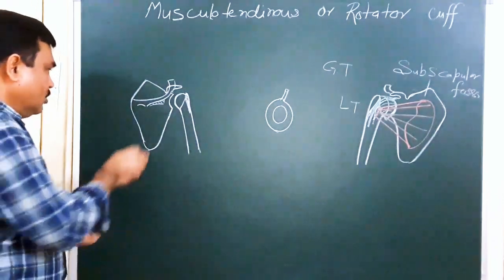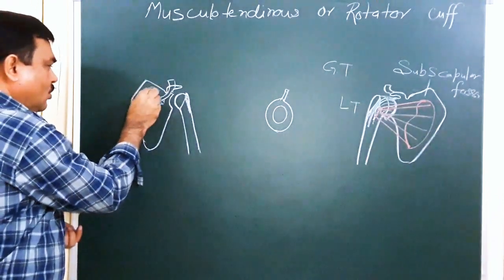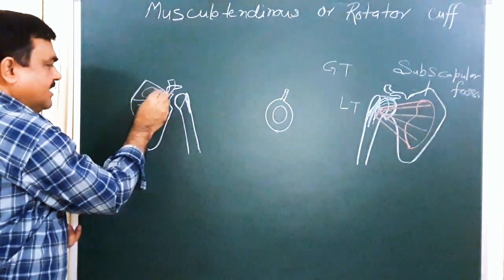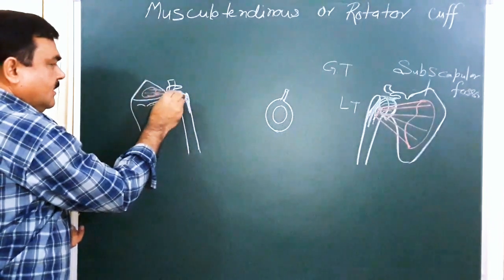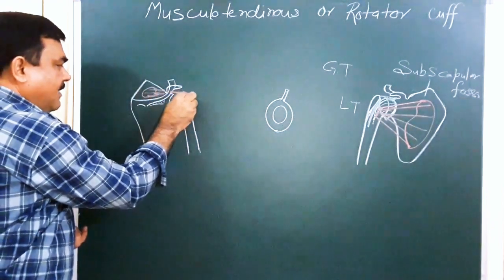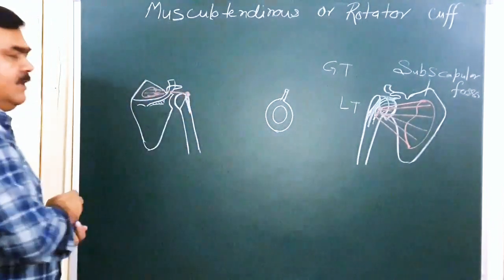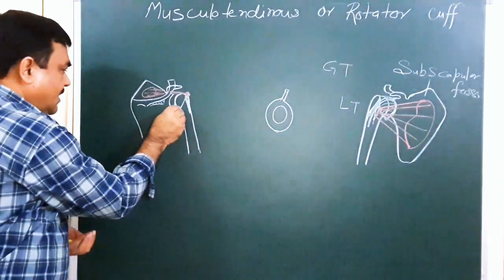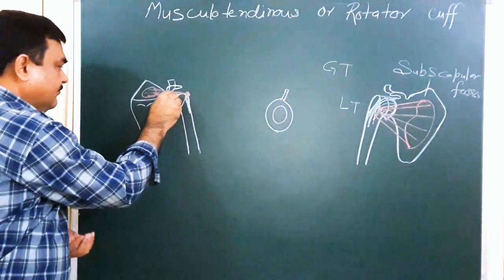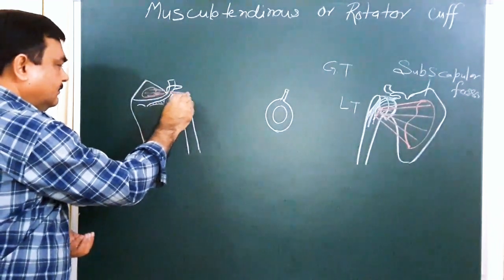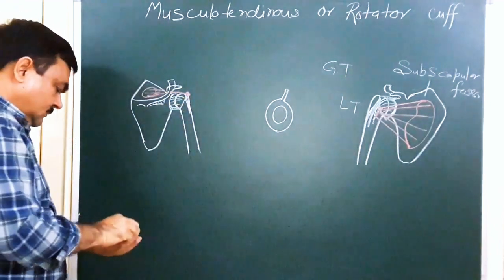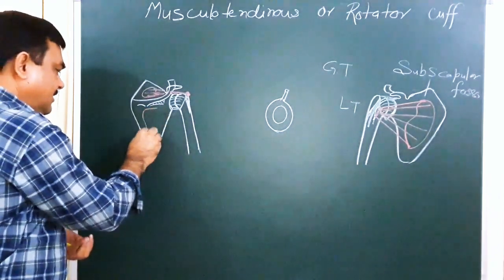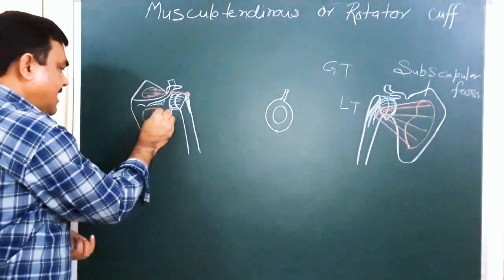In supraspinatus fossa, one muscle takes origin, that is supraspinatus. This supraspinatus muscle is inserted on upper part of greater tubercle. There is capsule of the joint. And another muscle is attached with infraspinatus fossa.